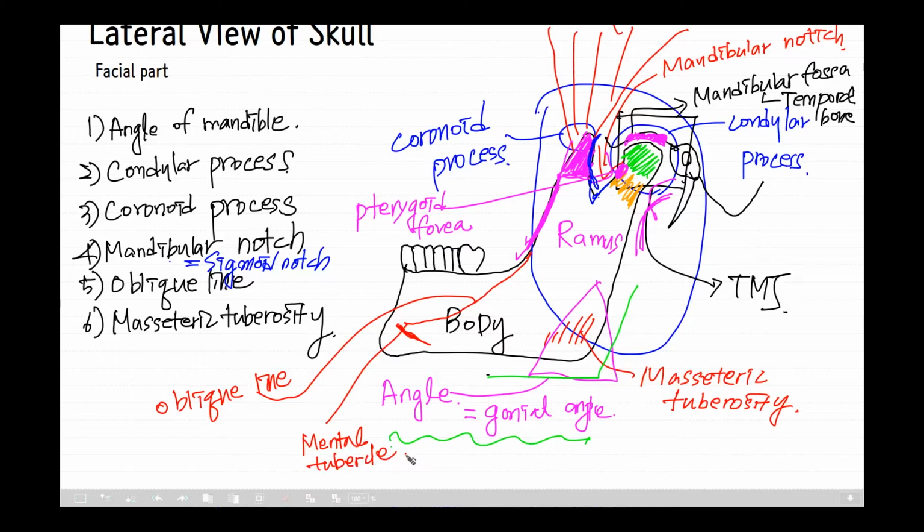It affords attachment to the depressor labii inferioris muscle and depressor anguli oris muscle, and the platysma is attached below this line. The final one is the masseteric tuberosity. Here is a rough area for the attachment of the masseter on the external surface of the angle of the mandible.